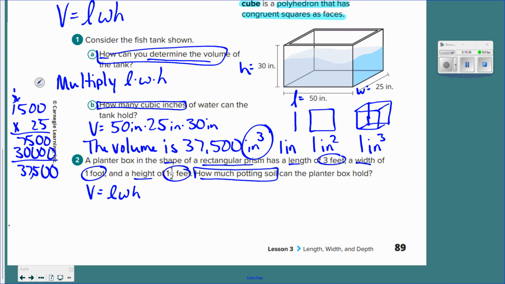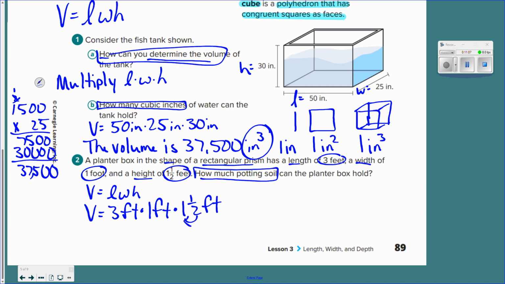Now, literally, all I'm going to do, I've got the length, width, and height pointed out for me. My length is 3 feet. My width is 1 foot, my height is 1 and 1/2. Uh-oh, I have a mixed number. That means I need to make it an improper fraction.